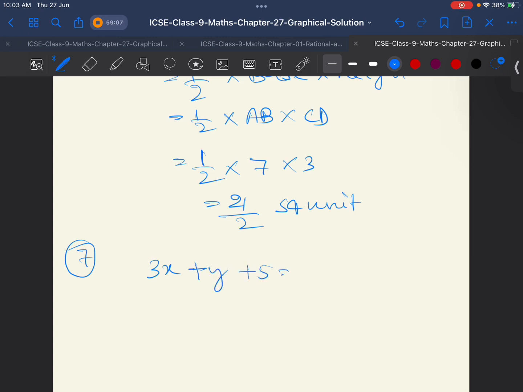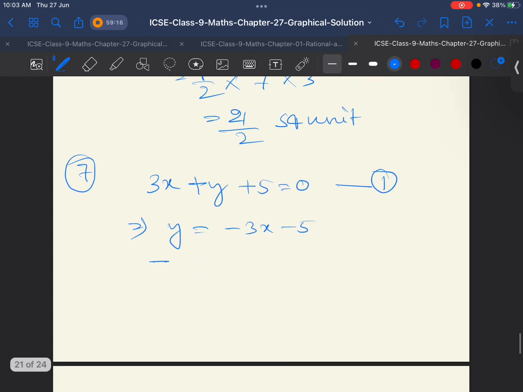Okay, so we have equation 1, this is equation 1, which implies y equals to minus 3x minus 5. The table is x and y.